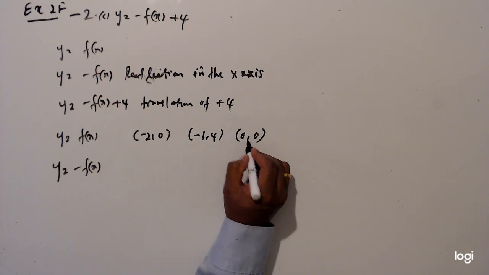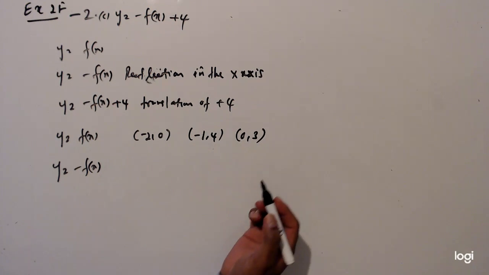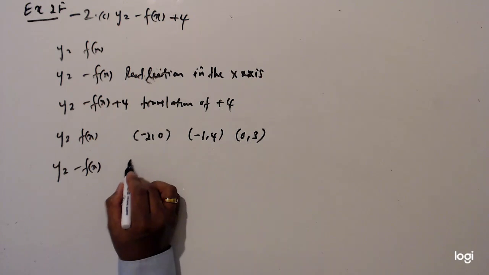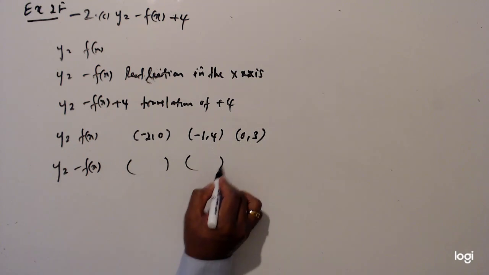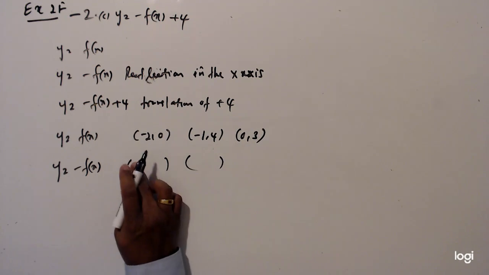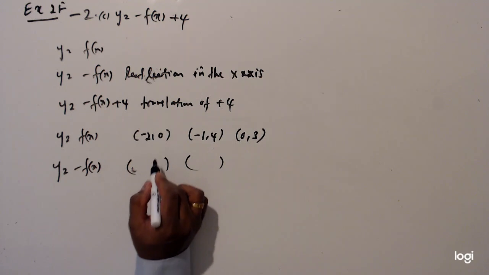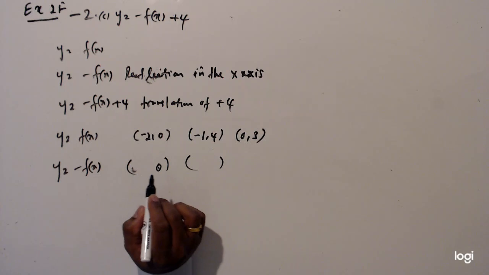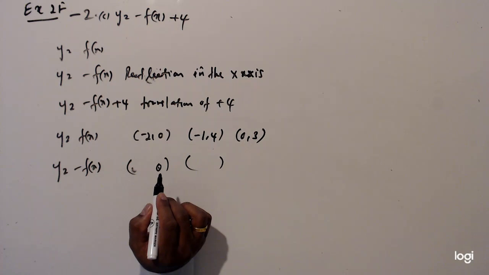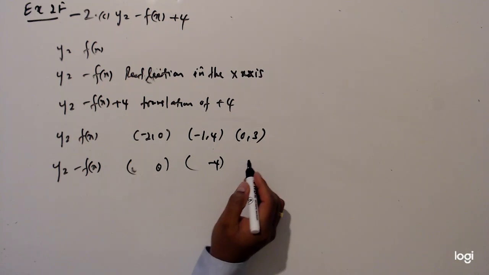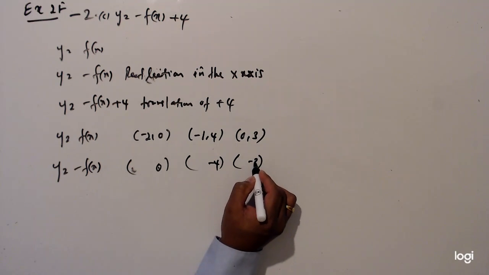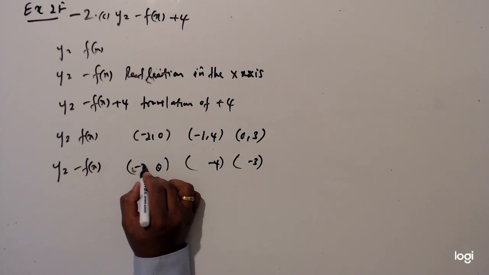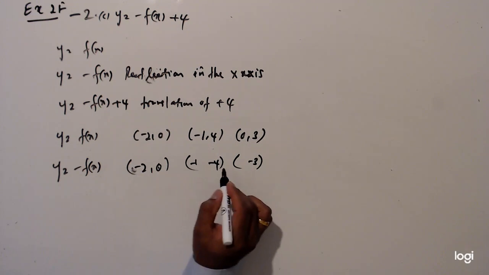This affects the y values, so this is going to be 0, this is going to be minus 4 and this is going to be minus 3, and the x values stay as they are.